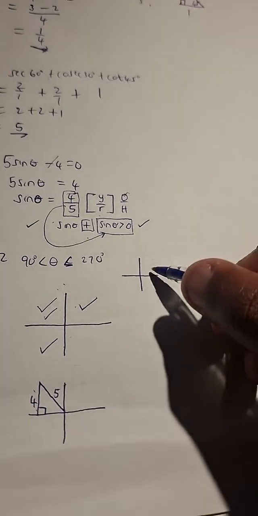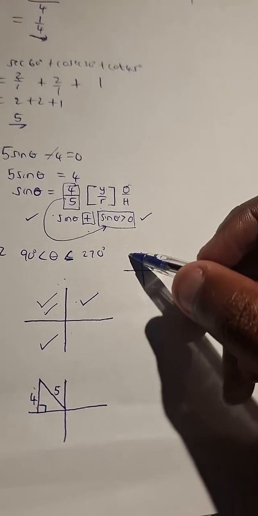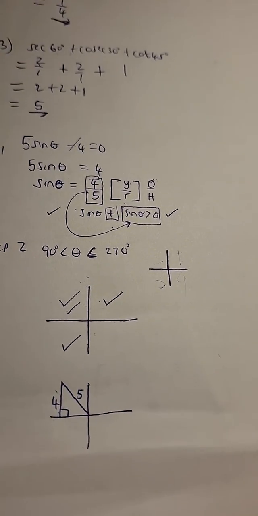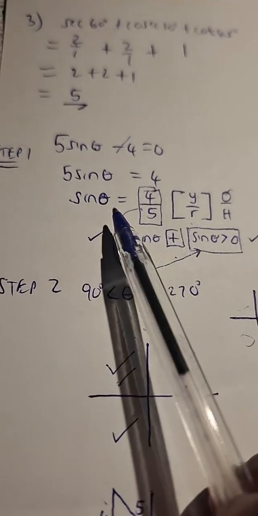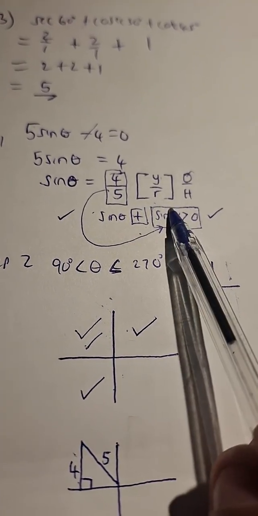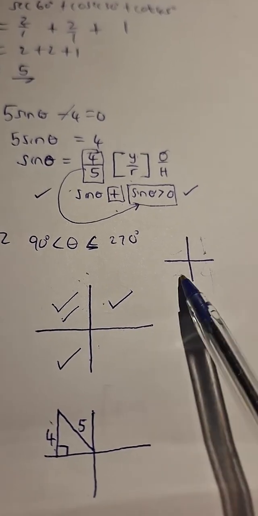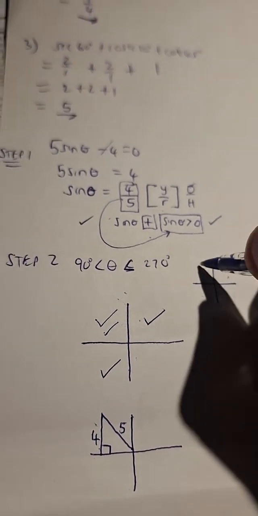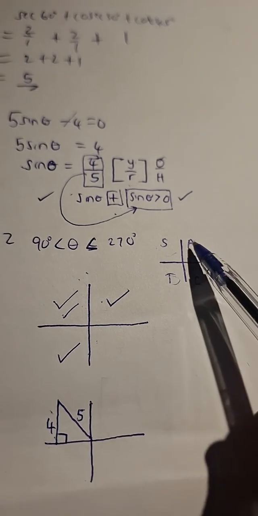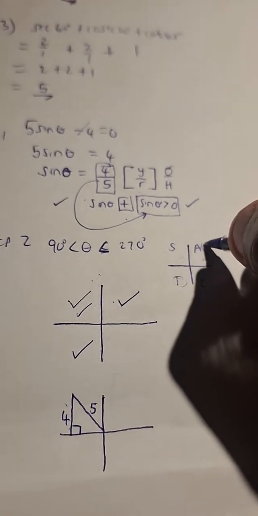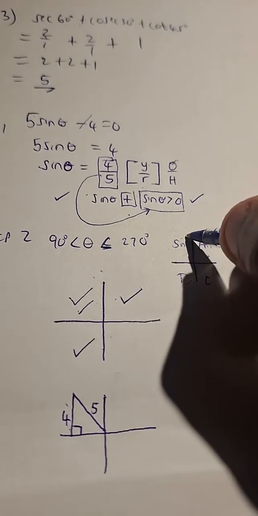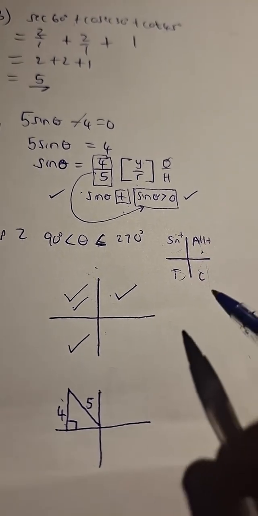In a Cartesian plane, you have a first quadrant, second quadrant, third quadrant, fourth quadrant. There are 4 quadrants. So we're saying sine is positive. So then my question is, where is sine positive on the Cartesian plane? According to the ASTC rule, in quadrant 1, all trig ratios are positive. In quadrant 2, sine is the only one that is positive with its reciprocal.